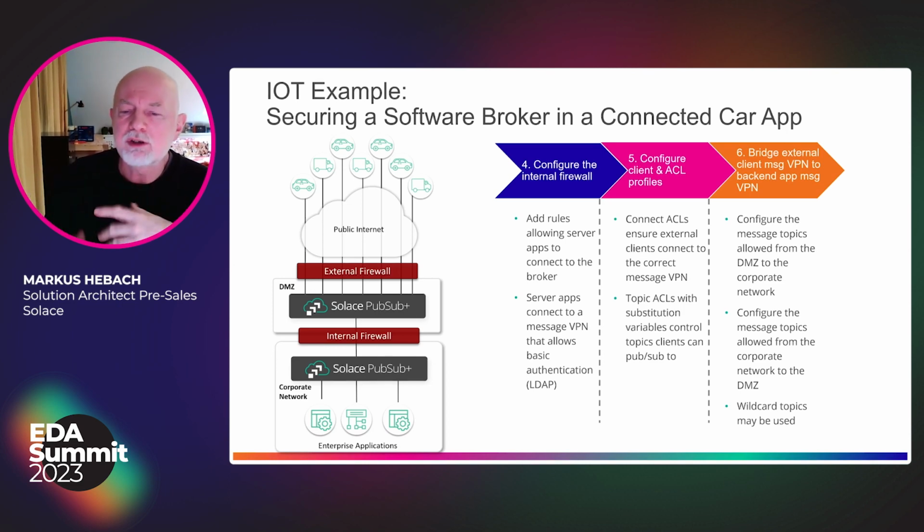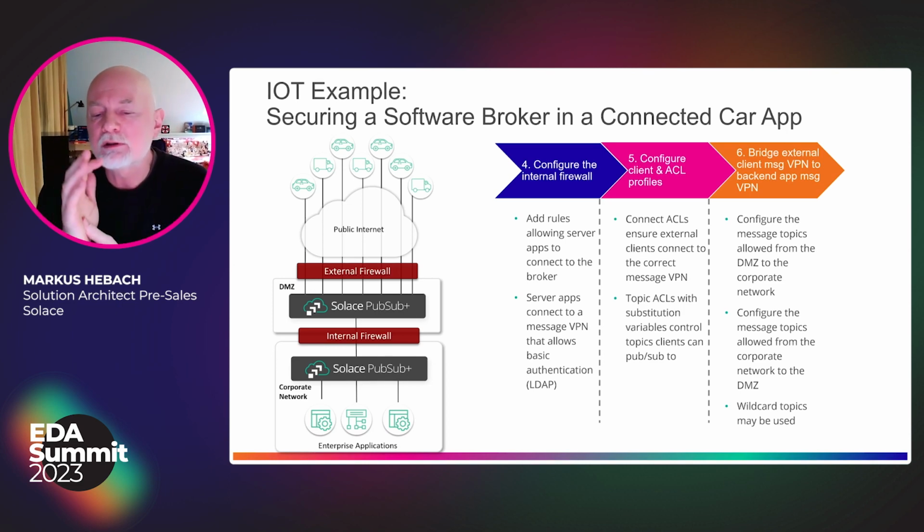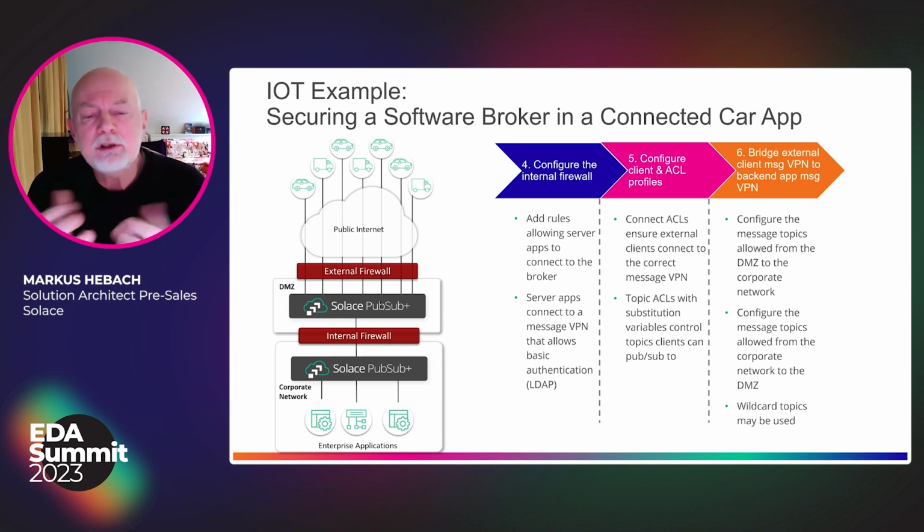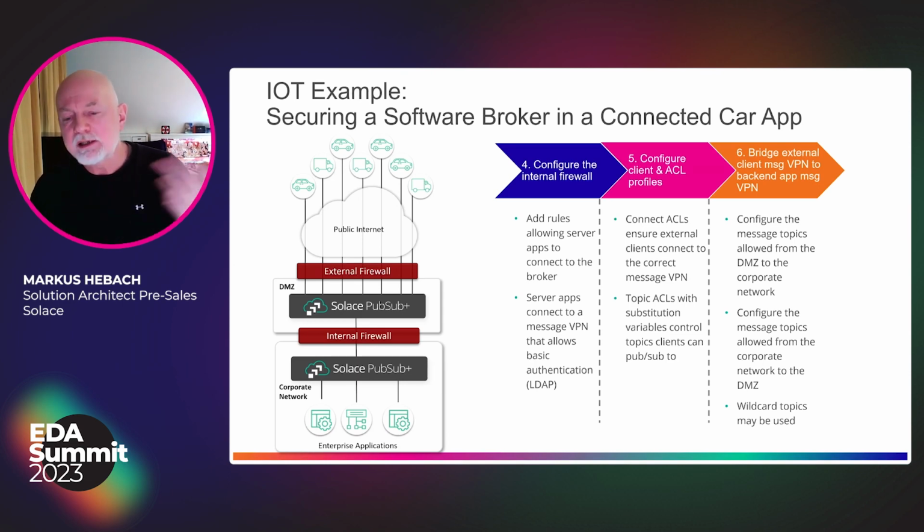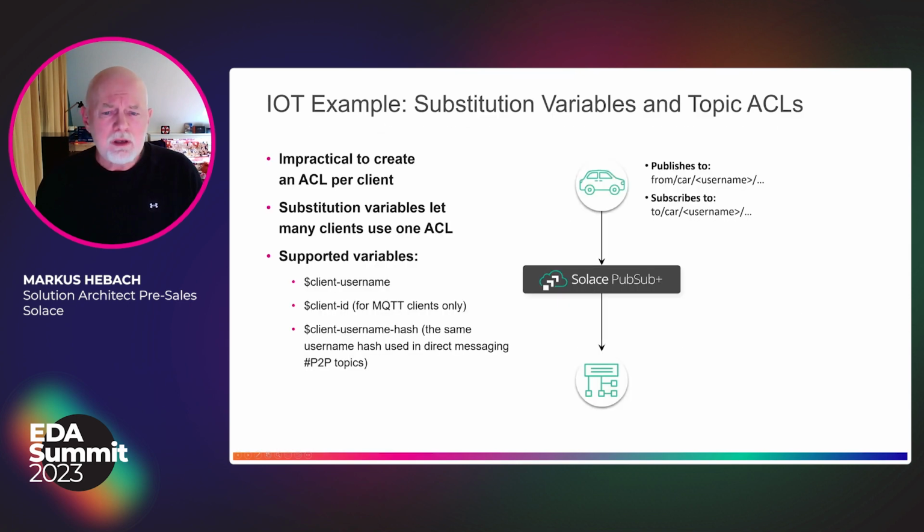Even if each car typically has a certificate, and this certificate contains something like the vehicle ID, still you would have 2 million ACLs, which is too complicated. And that's why we have a special feature for that.